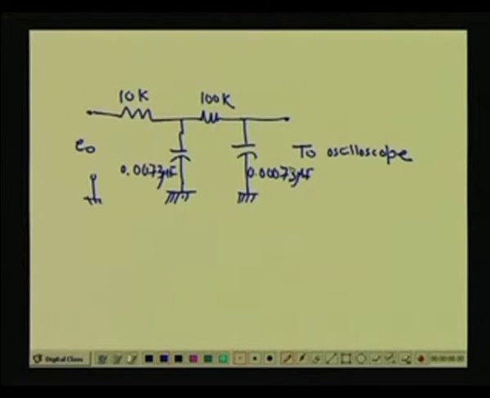Now, the third part, the part C, we have to find the phase angle. So, let us do that problem. Let me take a new page. The solution to the part C of problem 21.1.